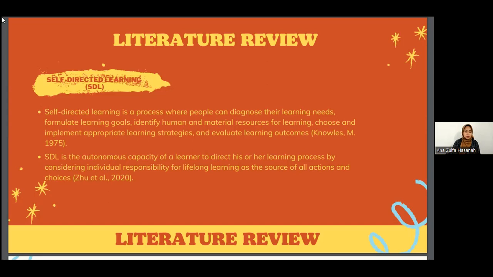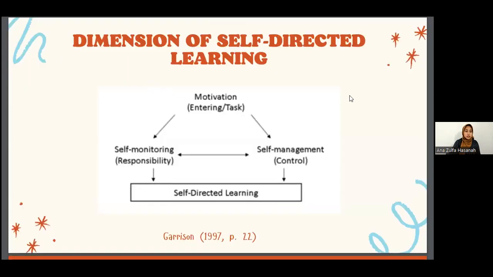And then we move to the dimensions of self-directed learning. Here is the scheme from Garrison in 1997. Here are the dimensions of self-directed learning: motivation, self-monitoring, and self-management.